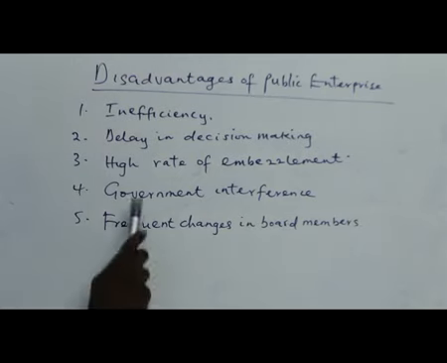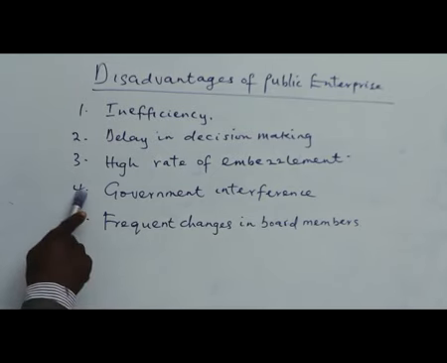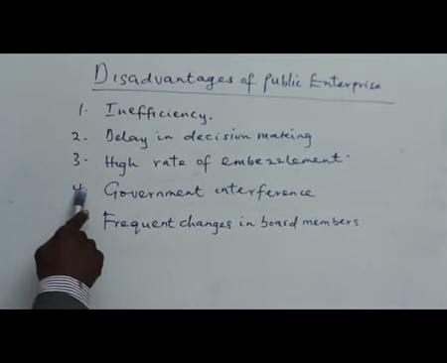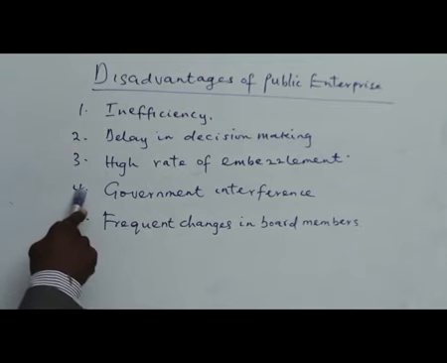Number four, government interference. In public enterprise, government engages in undue interference that does not move the enterprise forward. Due to this, it affects the enterprise by demoting or discouraging those people who want to put effort into it. But when government intervenes, there is nothing they can do.